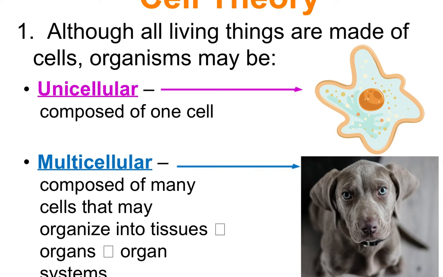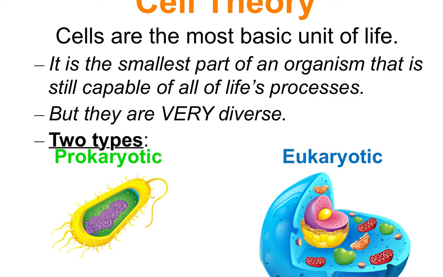So see what I mean by cells are the basic unit of living things. They're the most basic unit of life on our planet. It's the smallest part of any organism that is still capable of doing living processes.